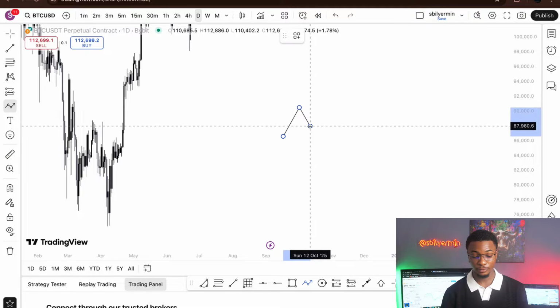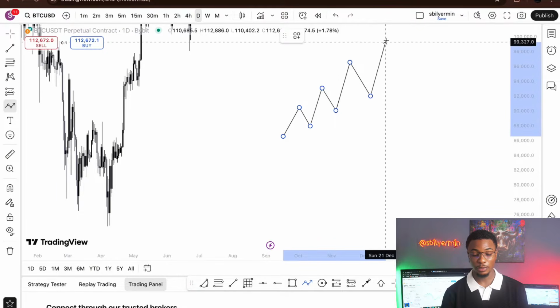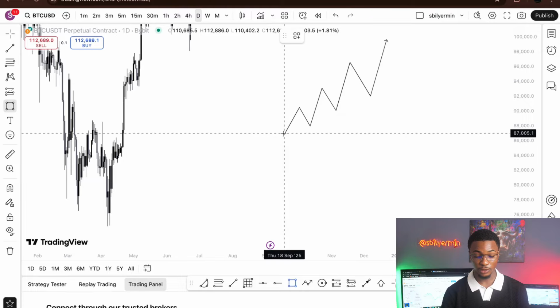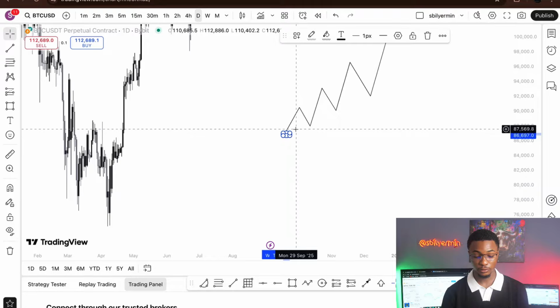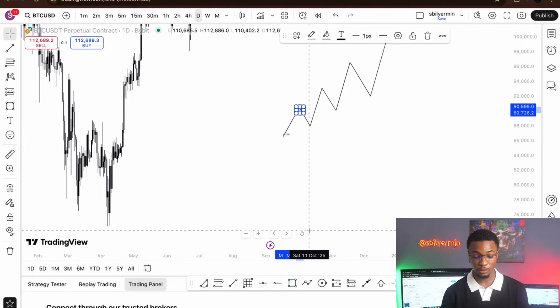Let's say when the market breaks the previous high, that is a breakout structure. For example, I told you that. Just give me a second, let me mark this.